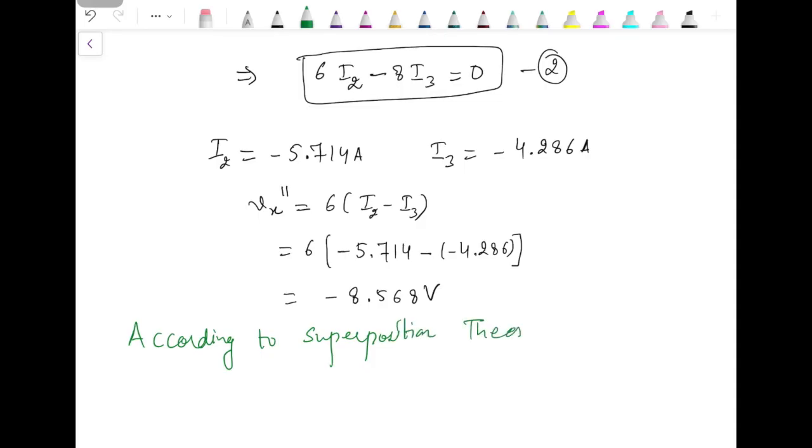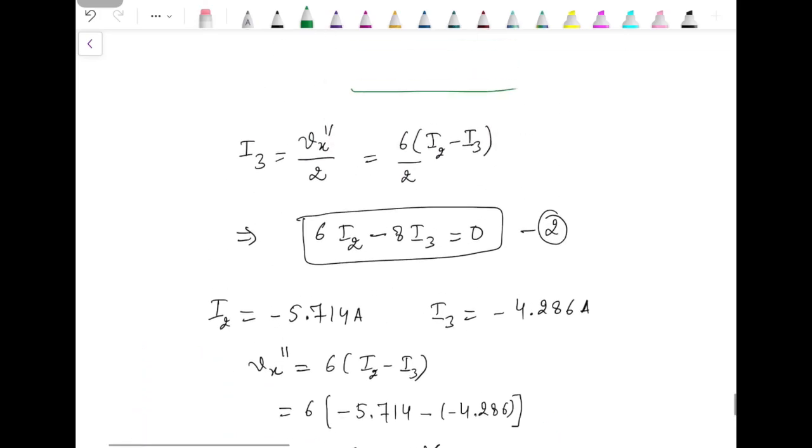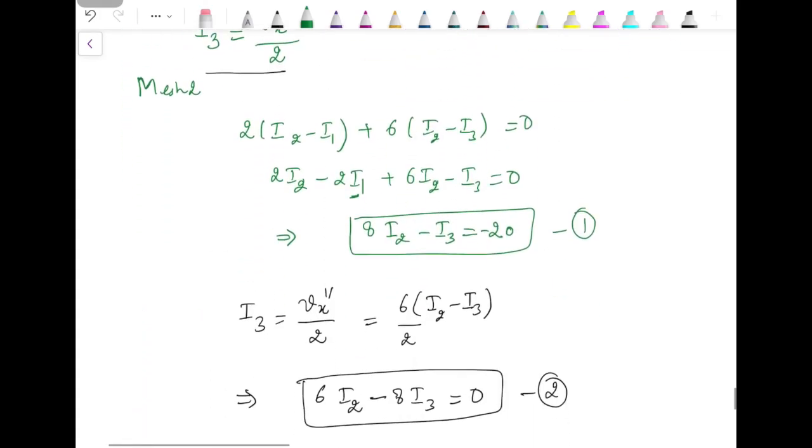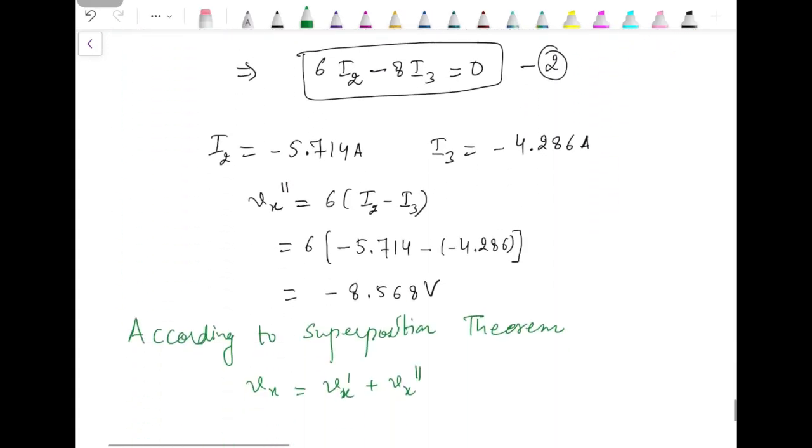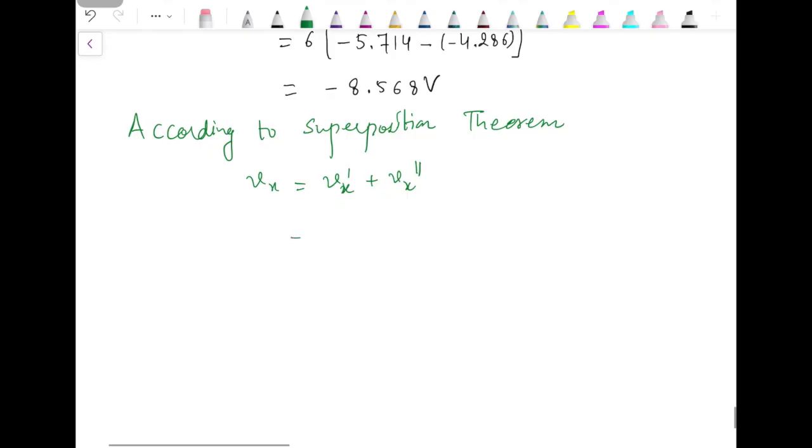And according to superposition theorem, we have to find out Vx, which is algebraic sum of Vx dash and Vx double dash. The value of Vx dash is 8.571 and value of Vx double dash is minus 8.568.